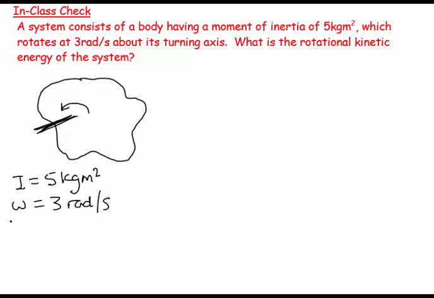So we have K rotational equals, I don't know. We need an expression for rotational kinetic energy, and we may recall that translational kinetic energy was equal to 1/2 m v squared, where v was the translational velocity.